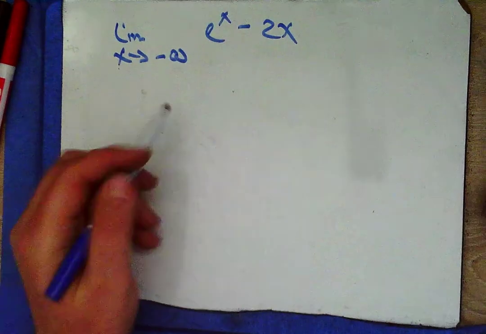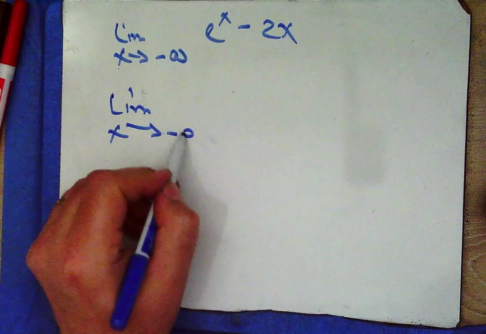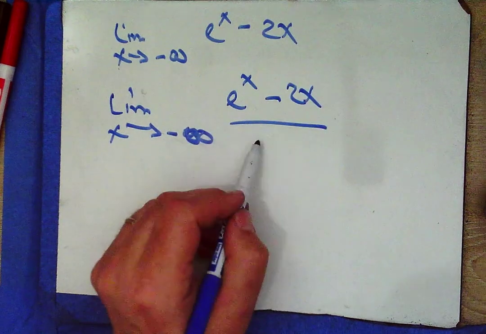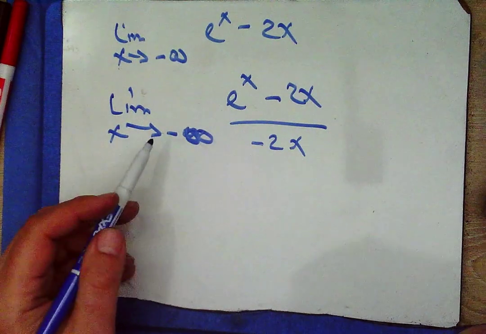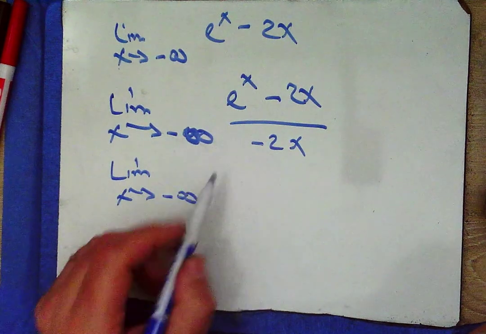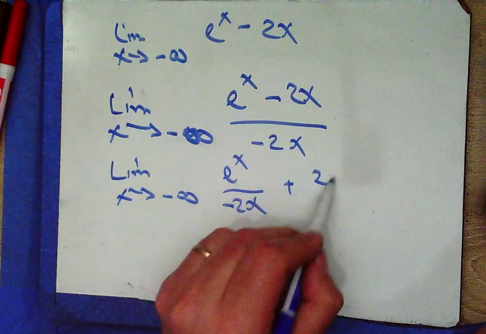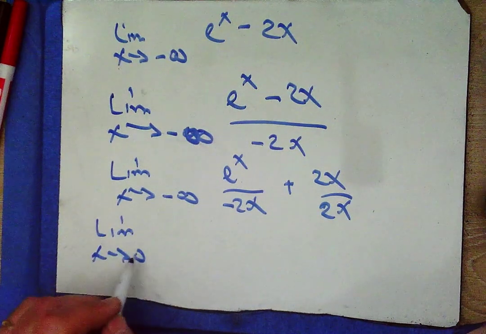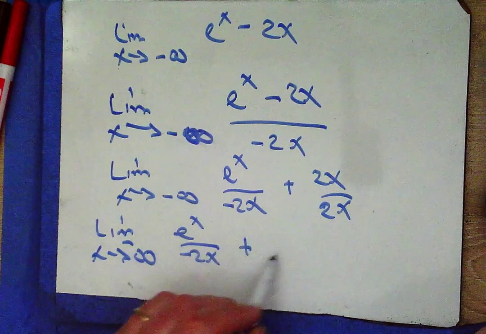Well, I got to pick one. So let's pick one. Okay, the limit as x heads to negative infinity of (e to the x minus 2x) over minus 2x. That's going to be the limit as x heads to negative infinity of e to the x over negative 2x plus 2x over 2x, and I know that's going to be the limit as x heads to negative infinity of e to the x over negative 2x plus 1.